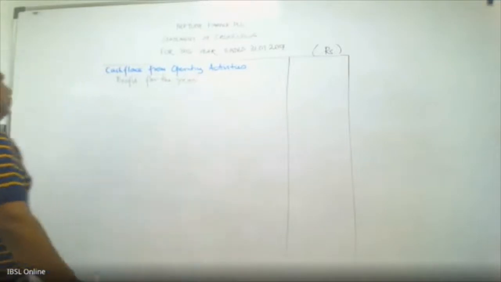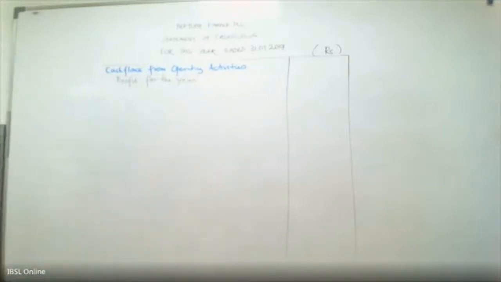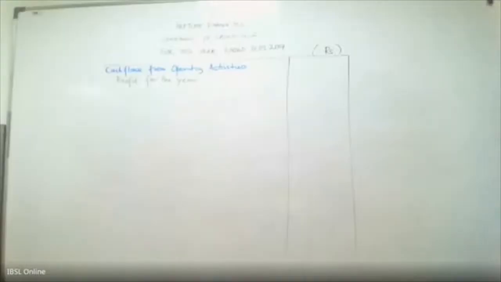So what is the profit for the year? Tell me. What is the profit for the year? I of course can't go to the question paper again because I'm doing it on the board. So you have to look at the paper and say, how much? 2,000. 2,000, yes.